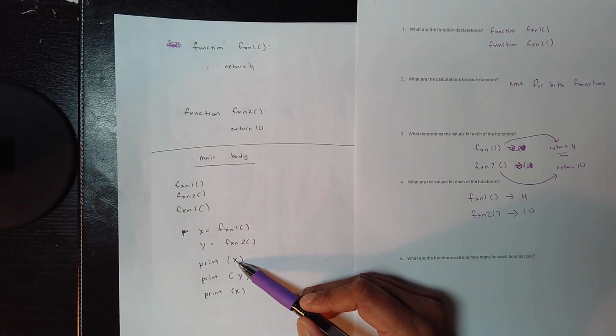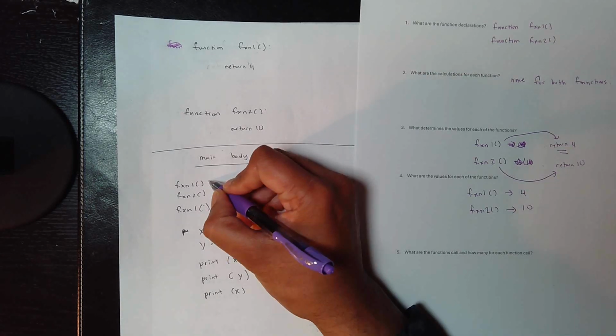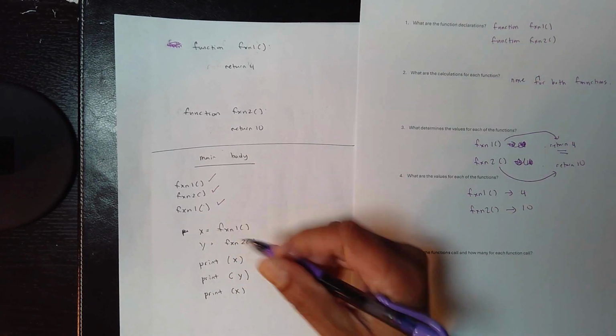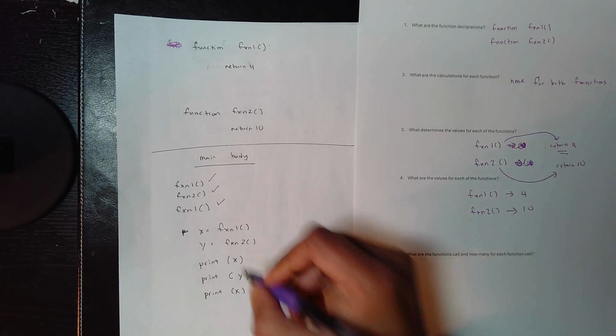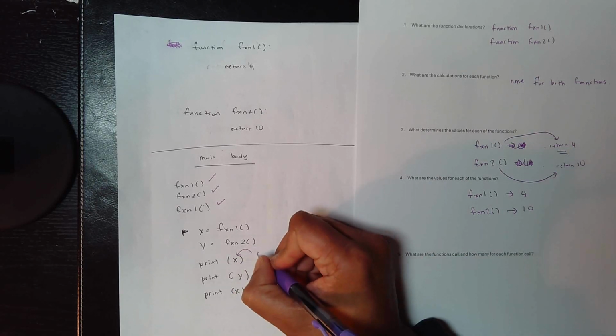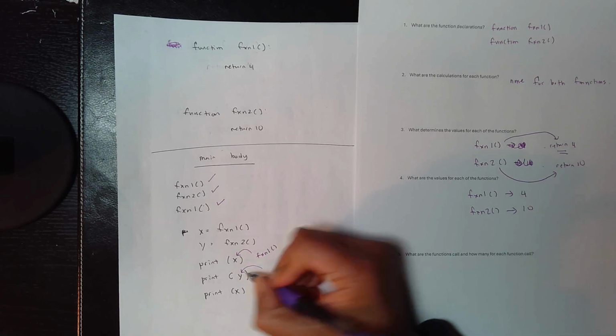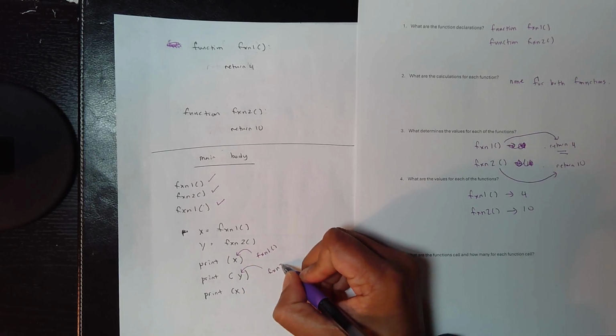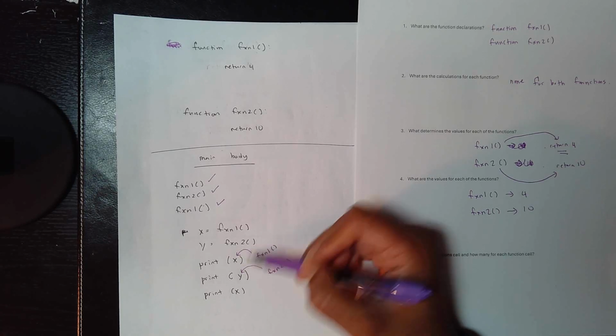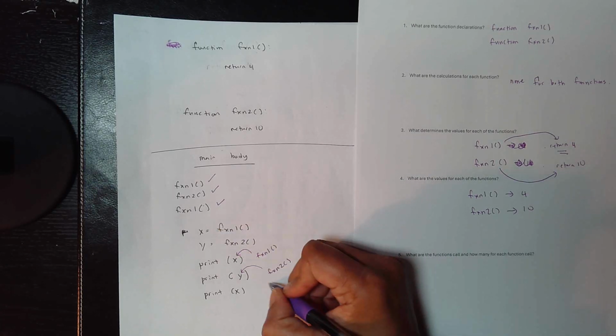Here, is this a call? So this is an example of a call, this is a call, this is a call. Is this a call? Yes, because the value is now function 1. Is this a call? Yeah. So the key to this is to look for it by itself without any kind of equal sign.